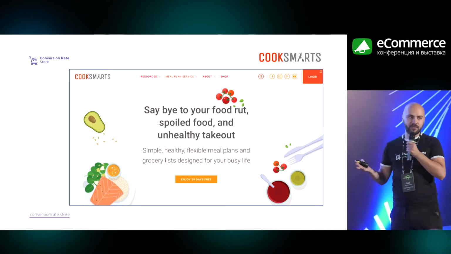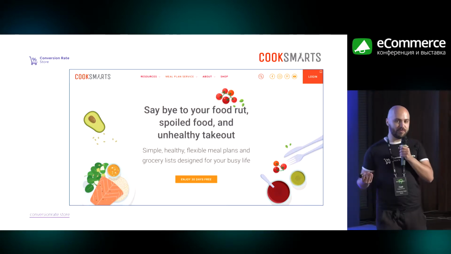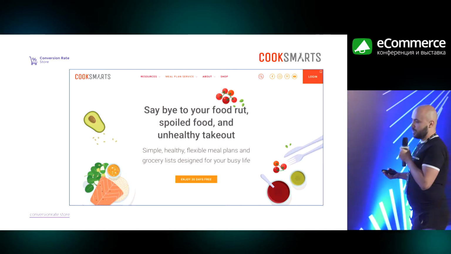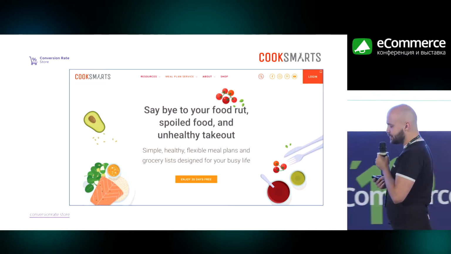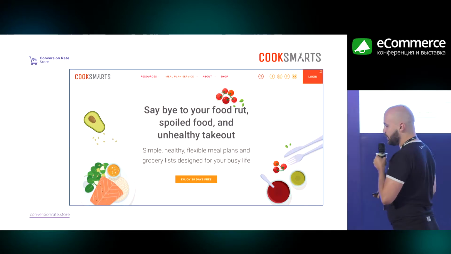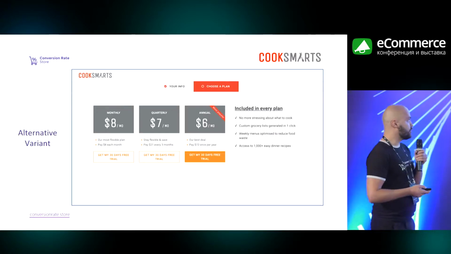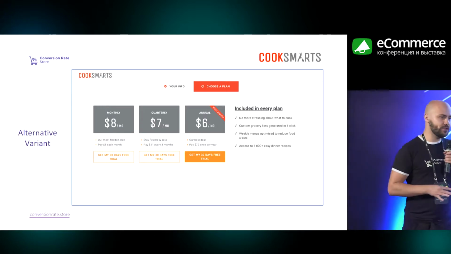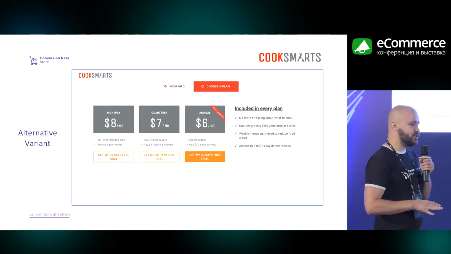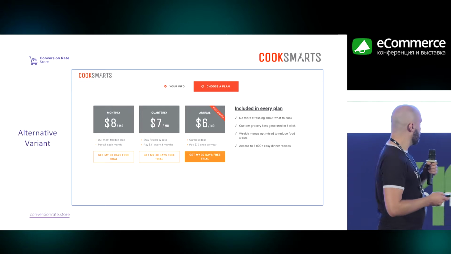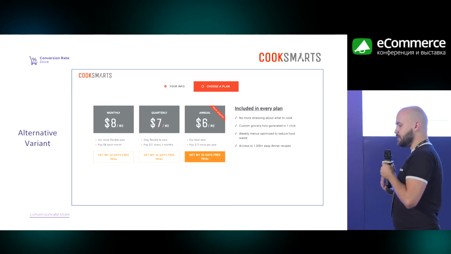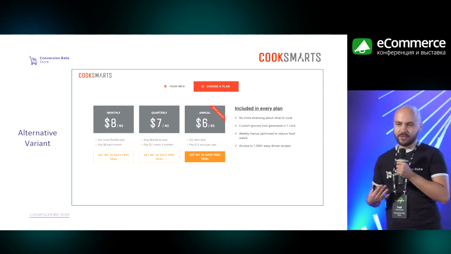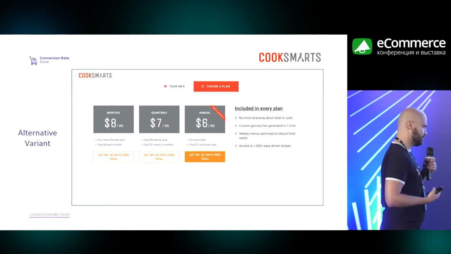This funnel was super typical. It was the sales page that offers the free trial, gets the email, then the free trial starts, as everybody does. Our alternative version was that the user first chooses the plan, and then we ask for a credit card, so that we start charging the user right after the end of the free trial.